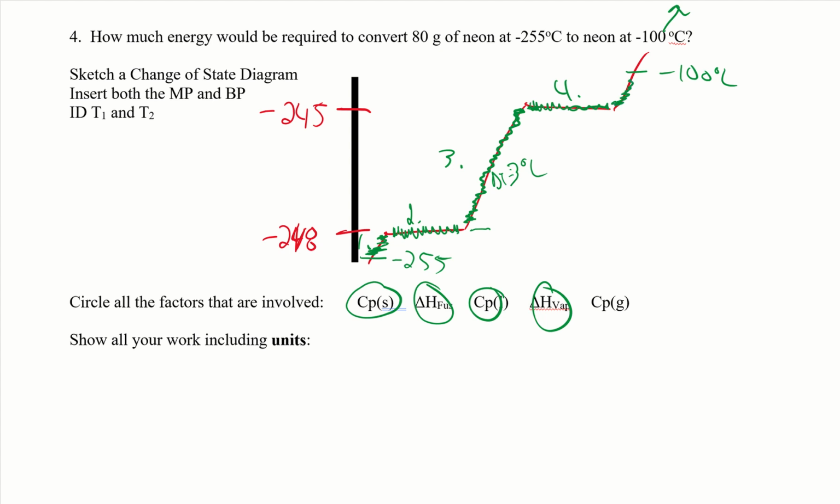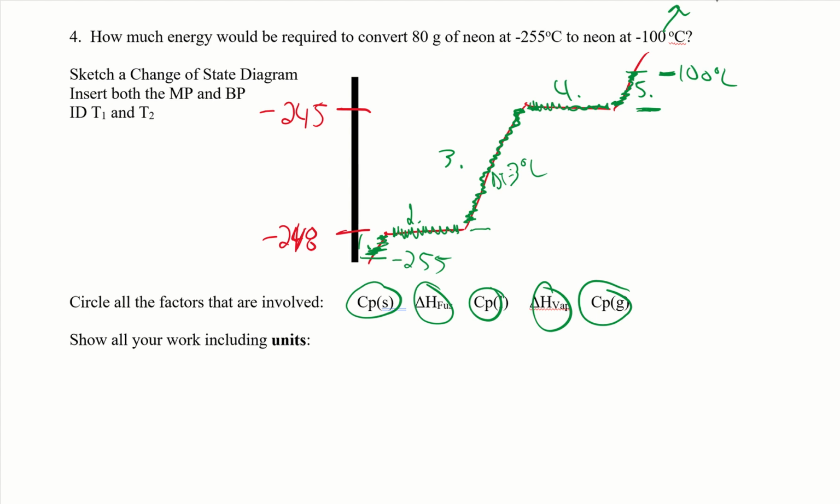And then finally, step number 5. You're going from, again, negative 245 to negative 100. Okay, so your difference is going to be 145 degrees. And you're going to go 145 degrees times the CP of a gas for neon. And then, oops, I misstated.